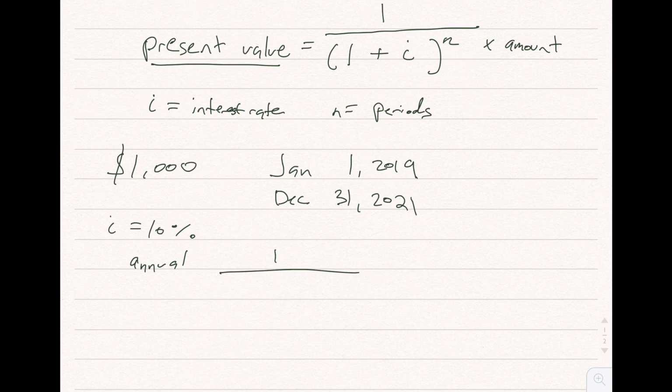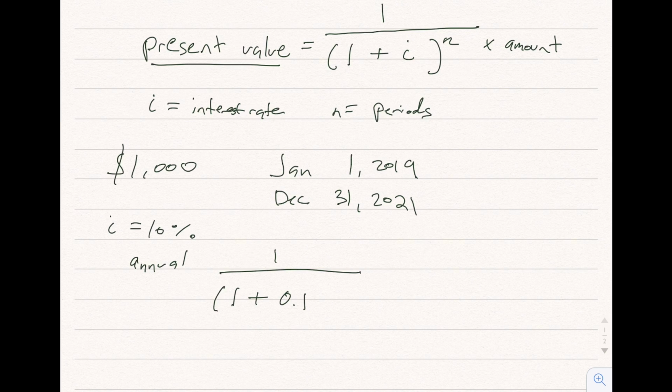So 1 divided by 1 plus, the interest rate is 10%. We're going to represent that as a decimal, 0.1, right? Because if you put 10, then it's going to mess it up completely, because now what you're saying is instead of 1.1, you have 11. So careful not to do that.